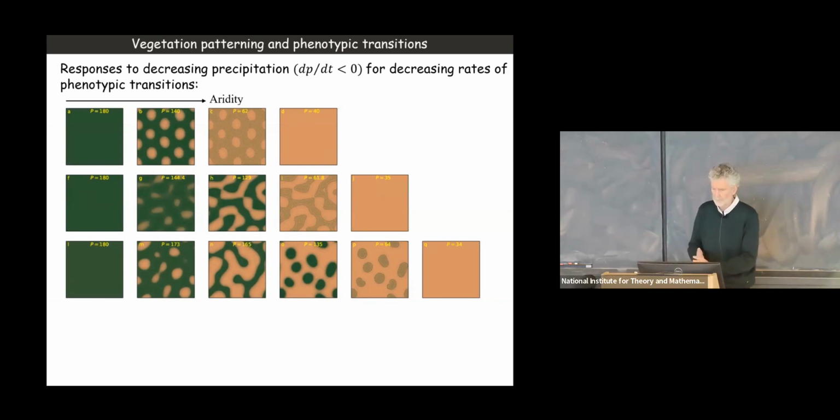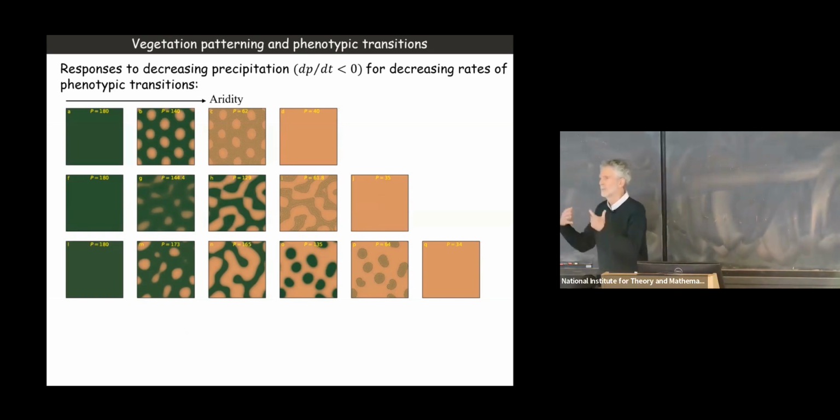And another result here is that we did a simulation where we decrease precipitation slowly at a constant rate. And now the top layer is what I showed you. And now if we decrease the rate of phenotypic transition, it means that the system may face lower precipitation while we still have shallow-rooted plants because the phenotypic transition rate is lower, okay?